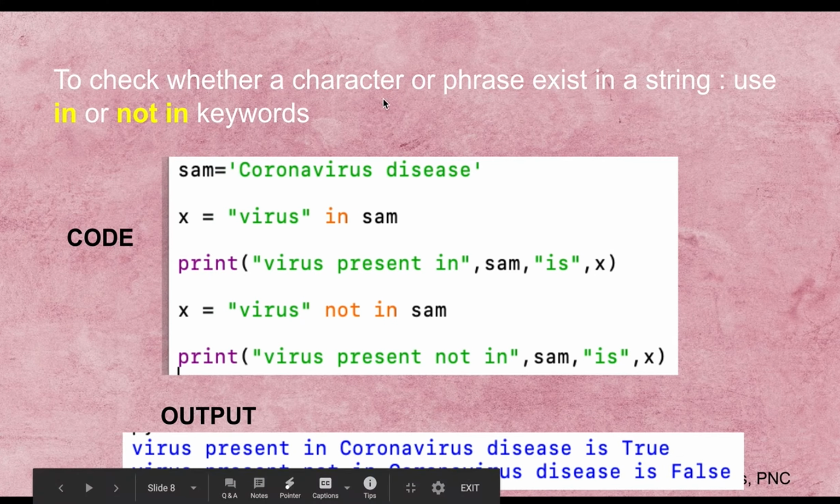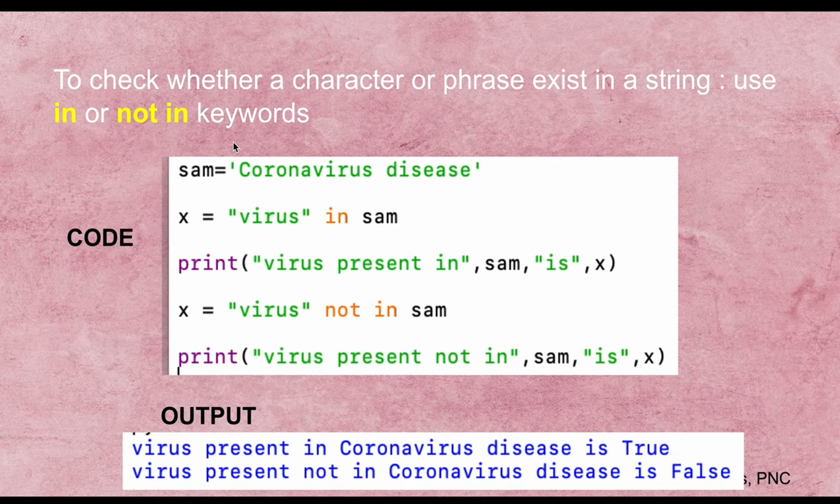Next is to check whether a character or phrase exists in a string. You can use in or not in keywords. In the example, Sam is given as coronavirus disease, and we are here searching for the word or a substring virus.